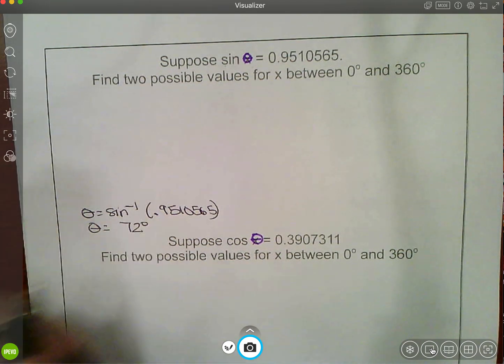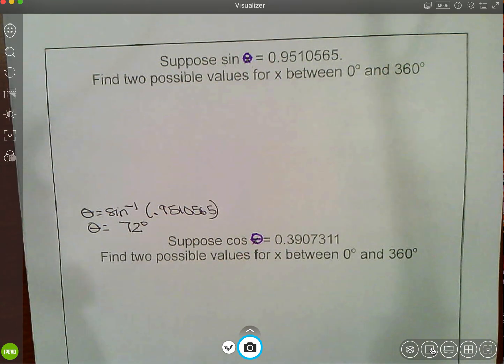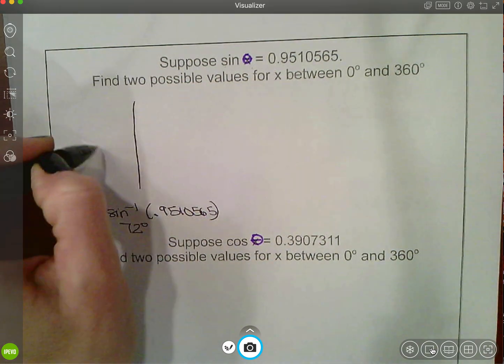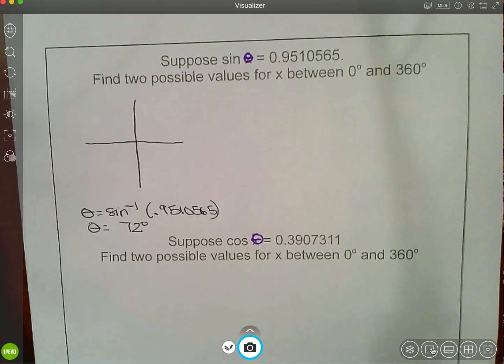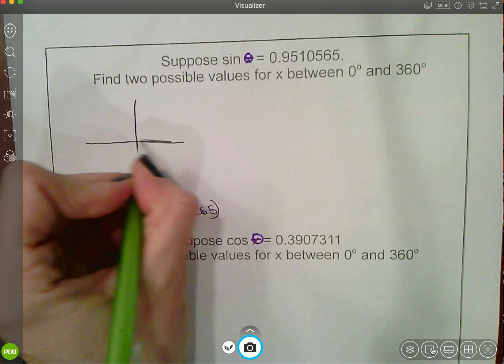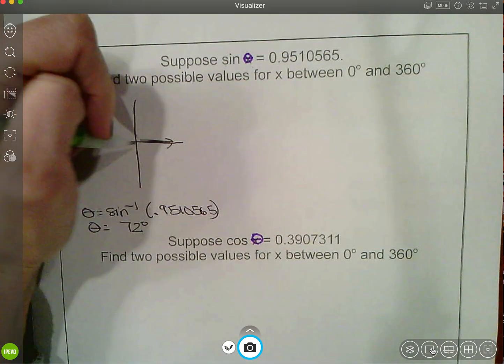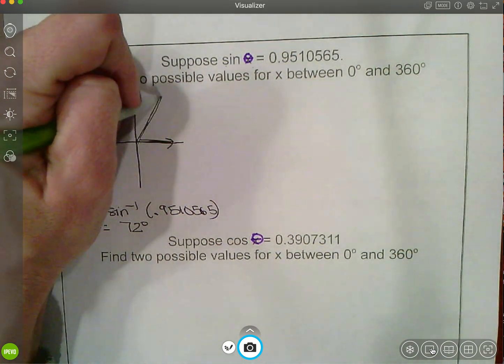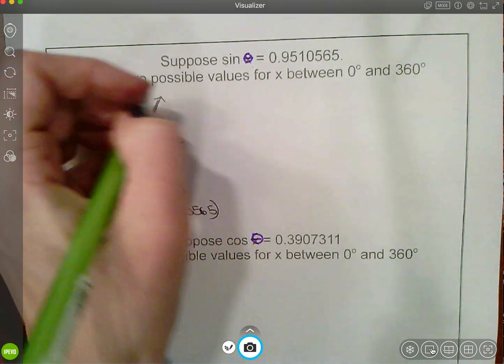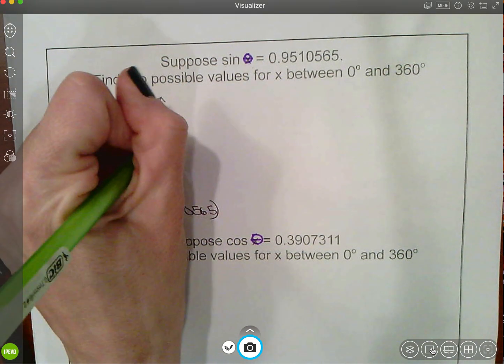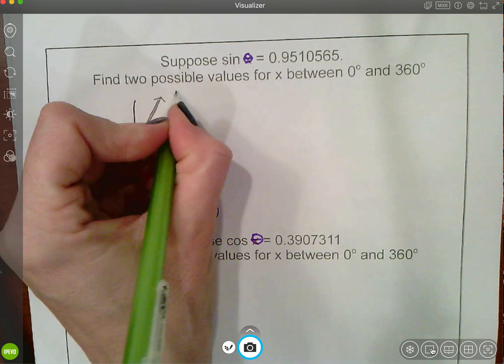You could round that up to 72 degrees. So that's great. If you look on your picture, all right, 72 degrees, that's the initial side, and then the terminal side, 72 degrees, sits in quadrant 1, and there's 72 degrees right there. All right, quadrant 1, we're set.